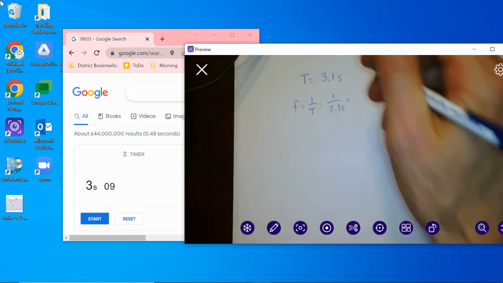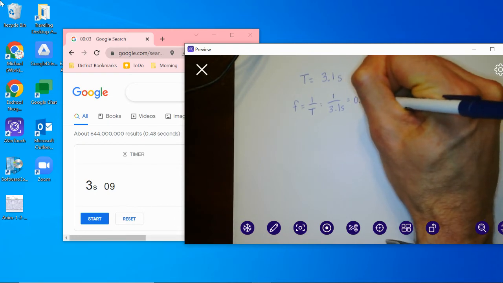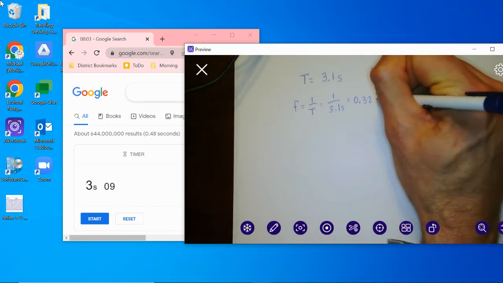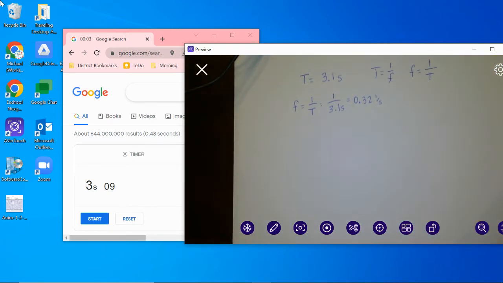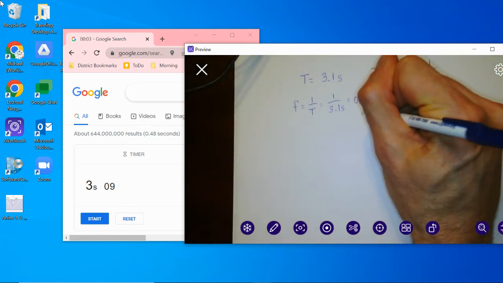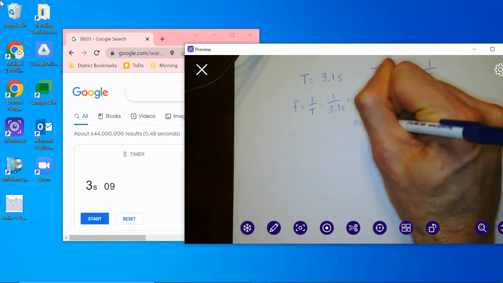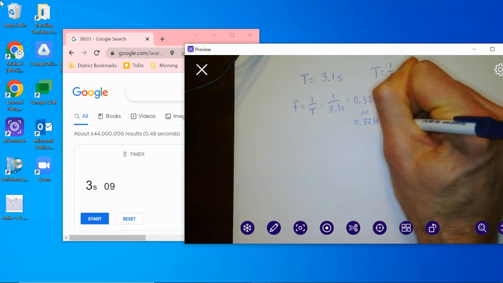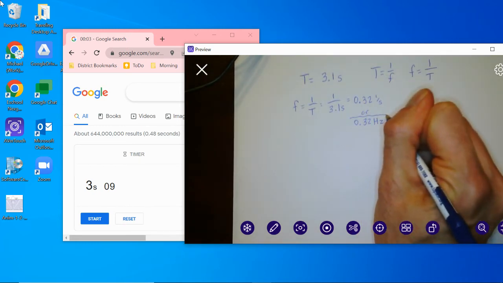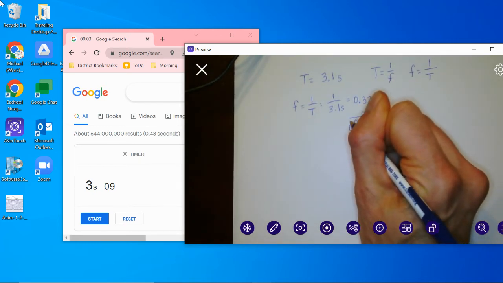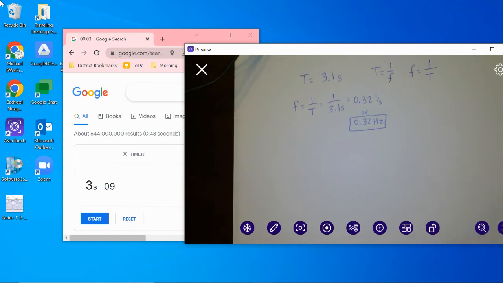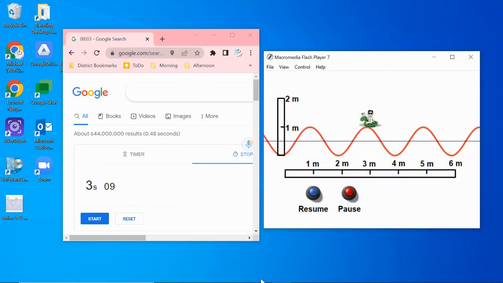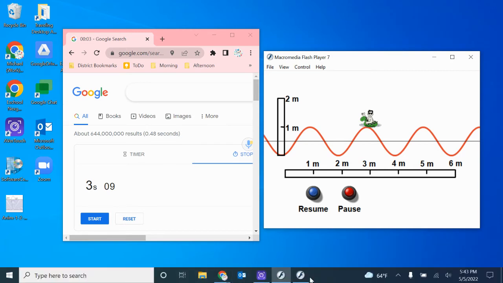So it's 0.32. 1 over s is our unit, or hertz, 0.32 hertz. All right. So we're actually manually timing Smiley inner tube guy, and then we're going to figure out the frequency using our formulas.